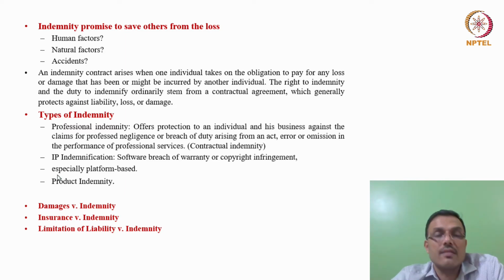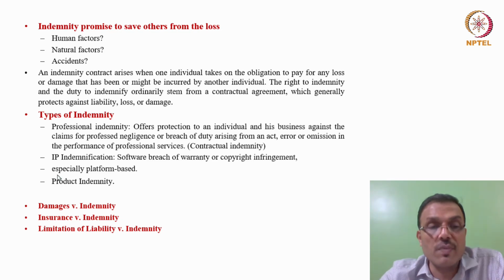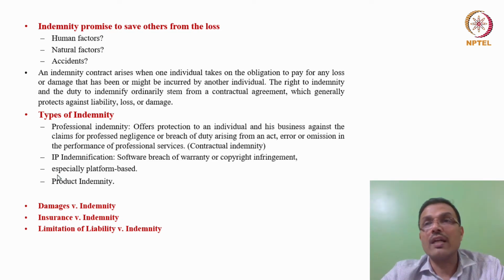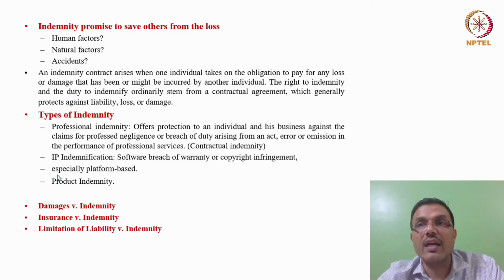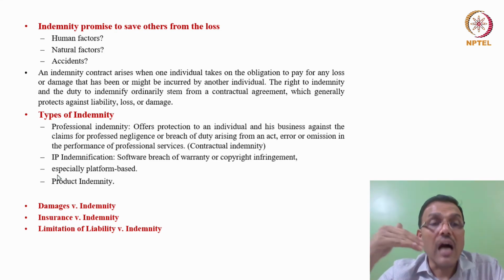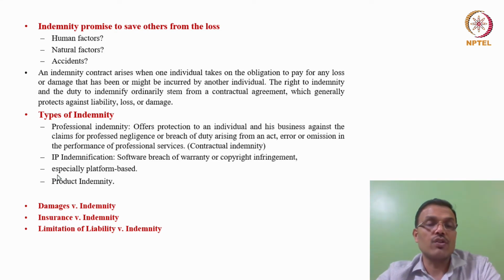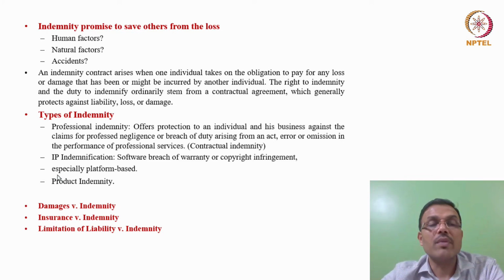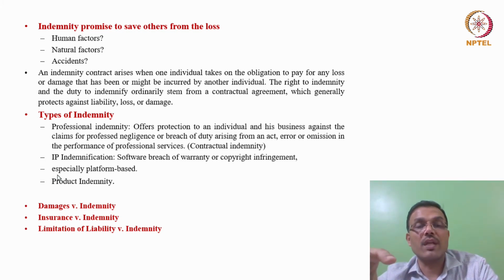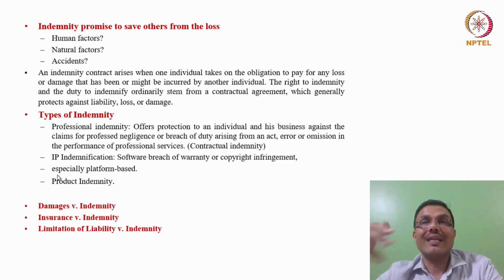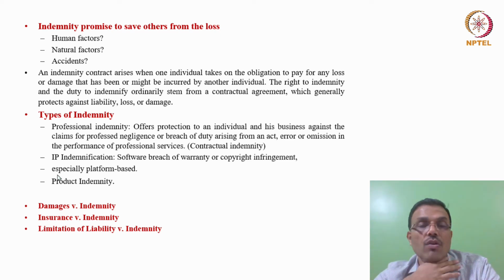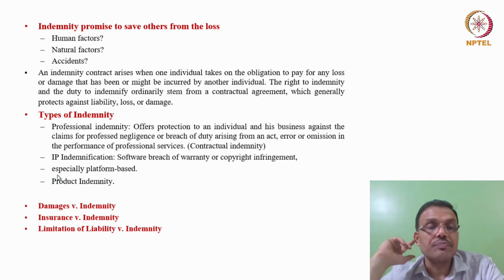Tomorrow, if someone else files an infringement suit against you, and you have to defend it and you suffer any kind of loss because of that infringement suit, I promise to indemnify you for that loss or that hardship that you undergo because you have taken an IP license from me. So that is usually the kind of promise that holders of intellectual property make, and that is how an IP indemnification clause makes that promise.